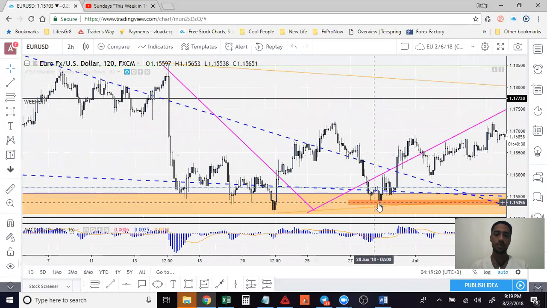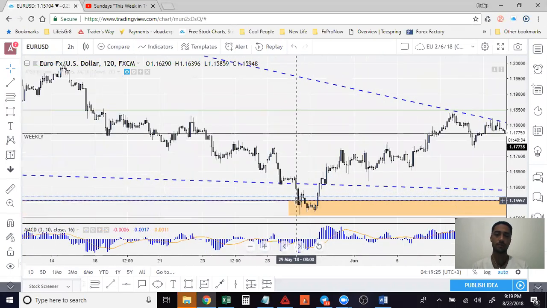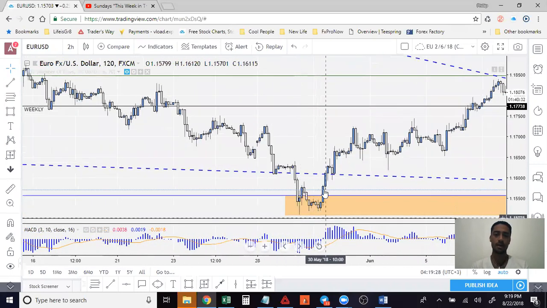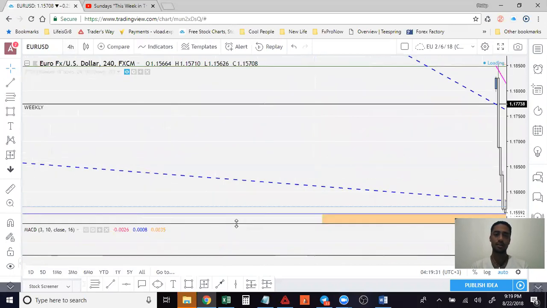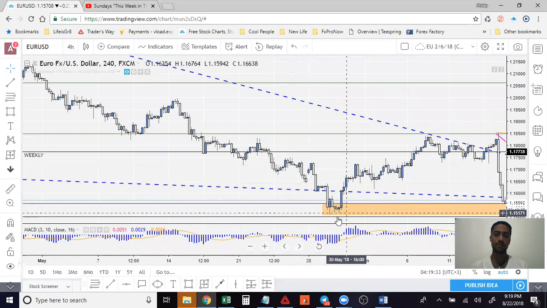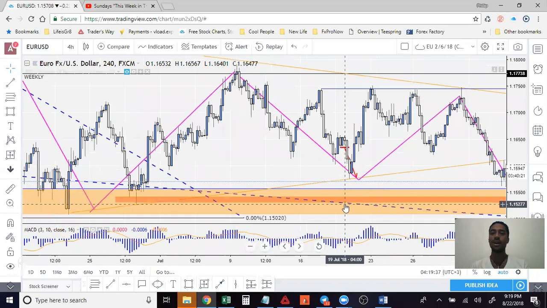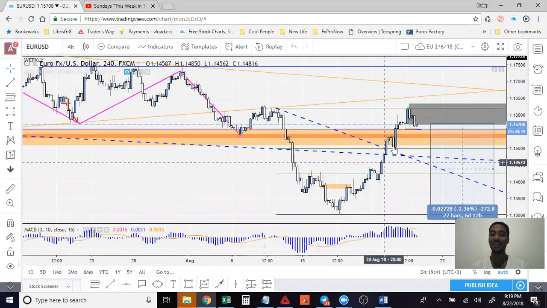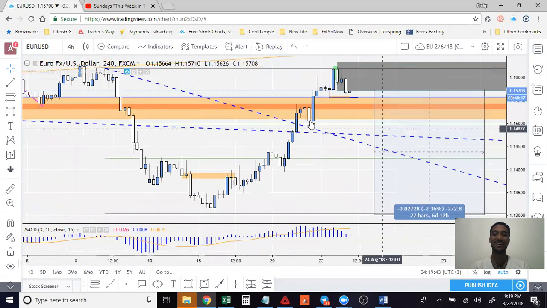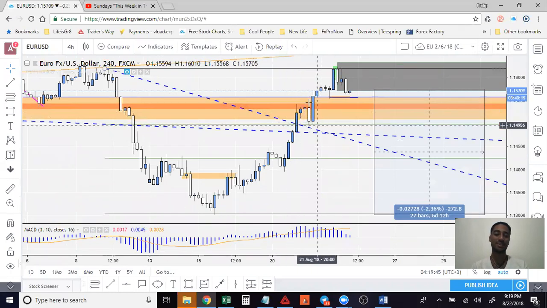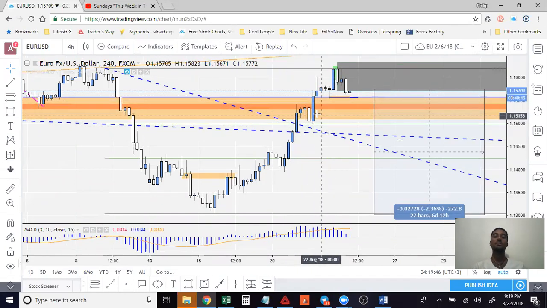This orange right here is based upon the lower time frame, most likely the 1 hour. I know that for sure. This one right here, 4 hours? Well, based upon this wick, to tell you the truth, I don't know, but it did respect it. It literally did respect it over here. I forgot exactly what I based it on, but it doesn't matter.